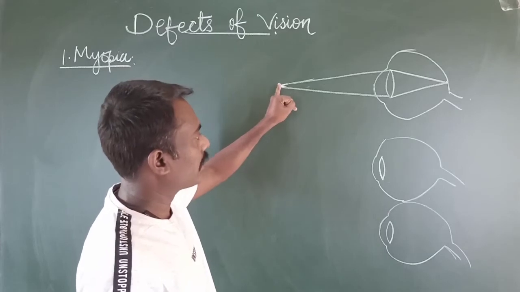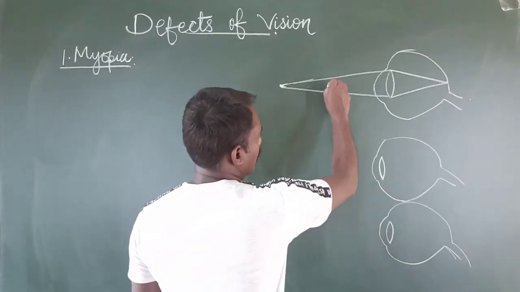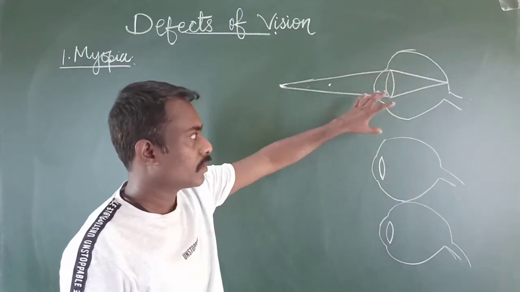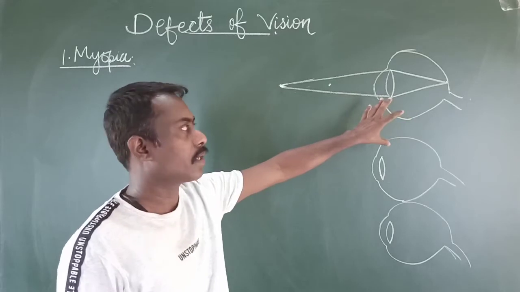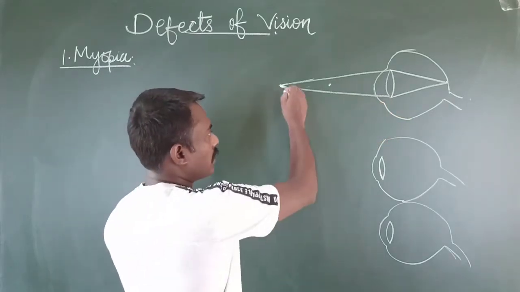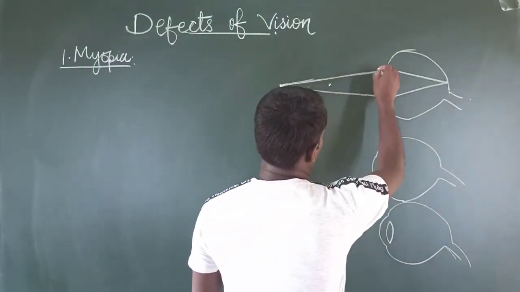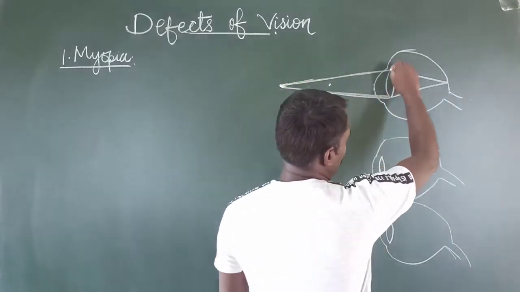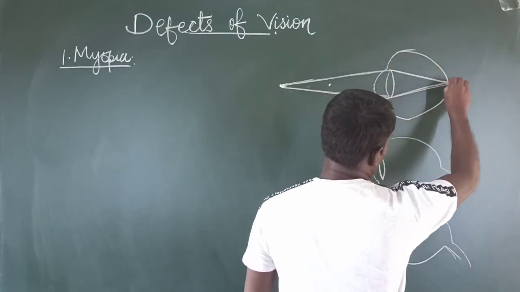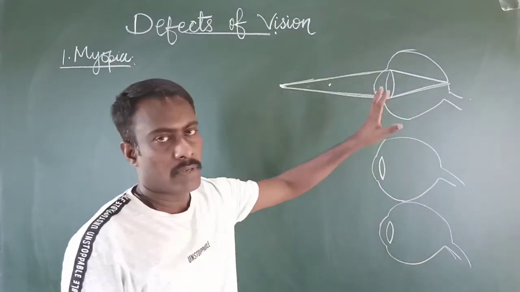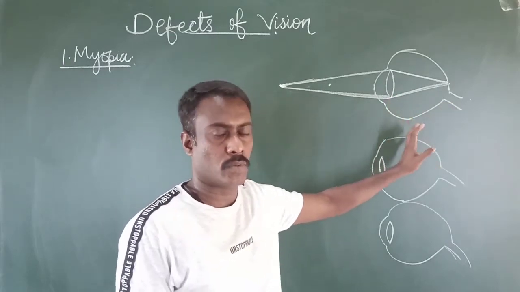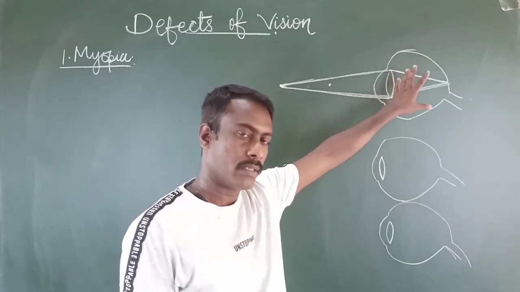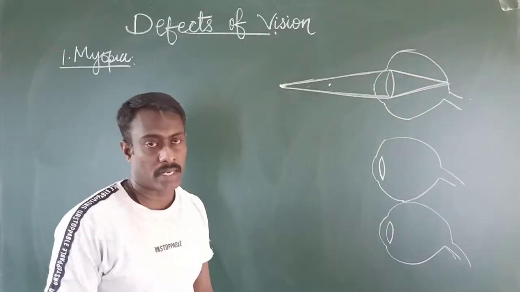So let us see. Here this is the far point of the eye, and here the near point of the eye. Here the ciliary muscles are not doing anything to adjust the focal length of the eye. These light rays coming from the far point of the eye are converged at a point on the retina, so that the retina forms a clear image of the object, and that image or signals are sent to the brain to analyze.